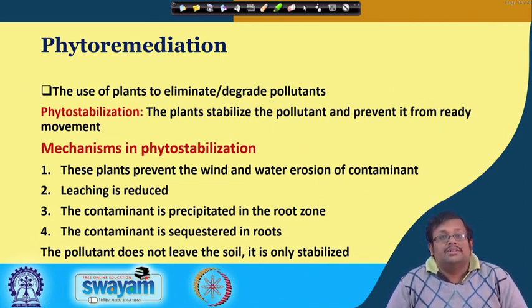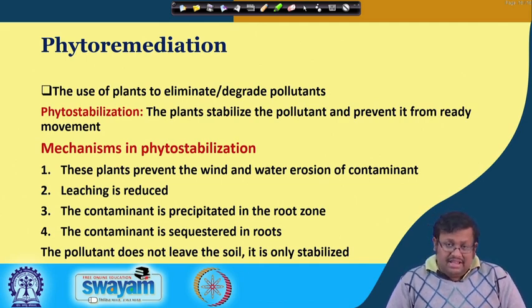Obviously, phytoremediation is the use of plants to eliminate or degrade pollutants, and phytostabilization is when the plants stabilize the pollutants and prevent their movement. The mechanisms of phytostabilization are basically four types.